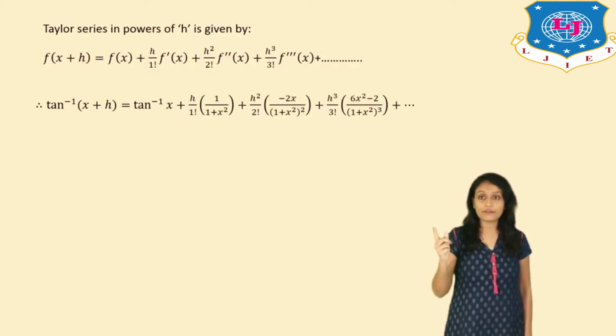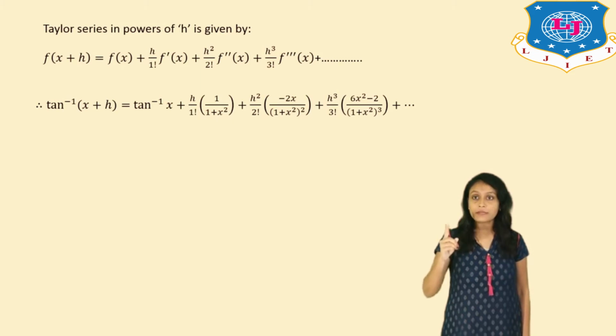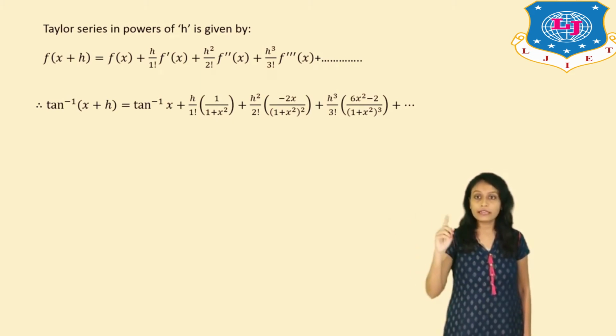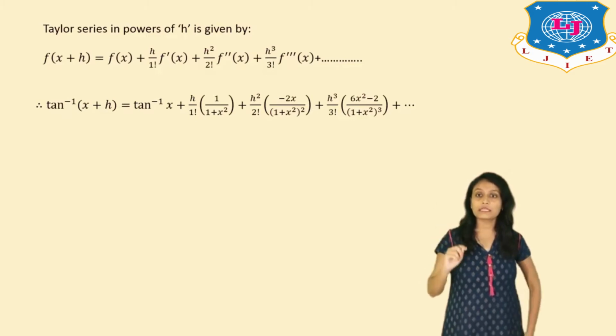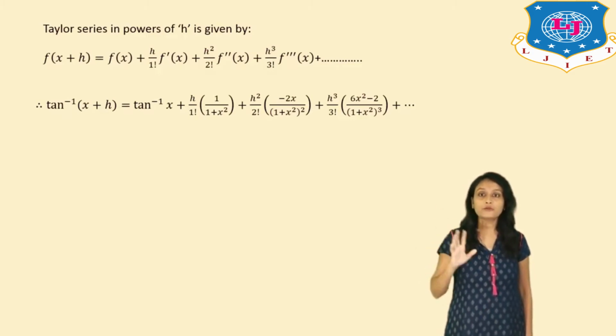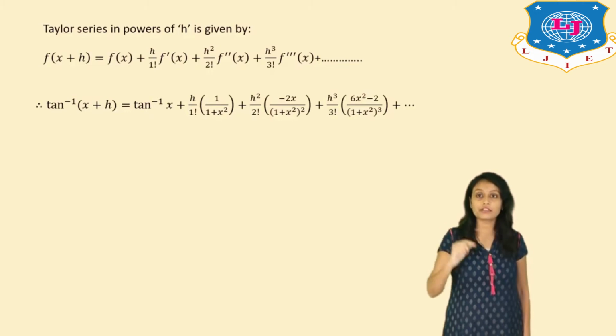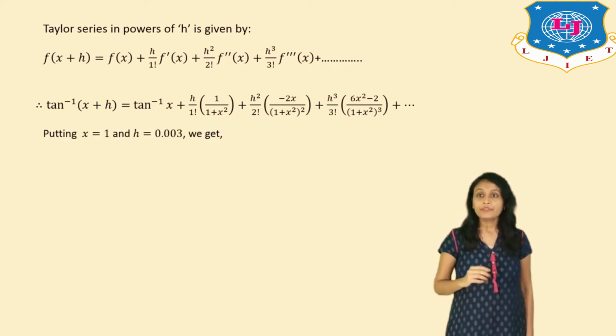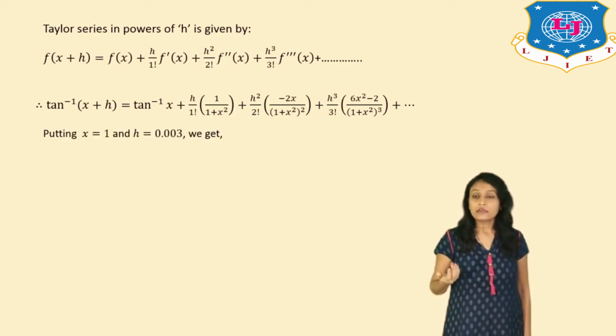What is f of x? f of x is tan inverse x plus h upon 1 factorial as it is. f dash x we have solved, right? f dash x is what? 1 upon 1 plus x square. Then h square upon 2 factorial as it is. Then f double dash x is what? Minus 2x upon 1 plus x square whole square plus so on. Right? Now we have to find tan inverse 1.003.